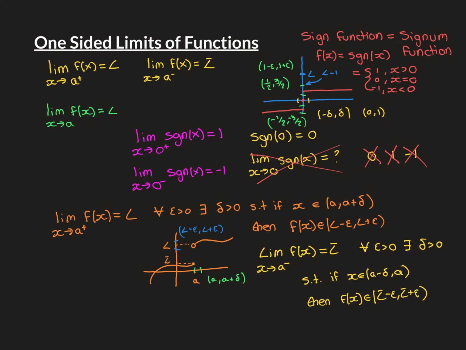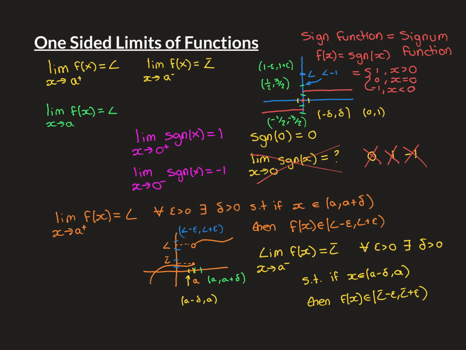The meaning of this is that for all epsilon greater than 0, so however close you want to be, there must exist a delta greater than 0 such that if you look at the delta interval to the left of a, so the interval a minus delta to a, then all of the points in that interval are mapped into the epsilon interval around L bar. So f of x is an element of L bar minus epsilon to L bar plus epsilon.